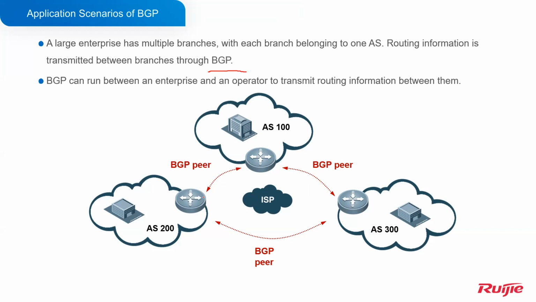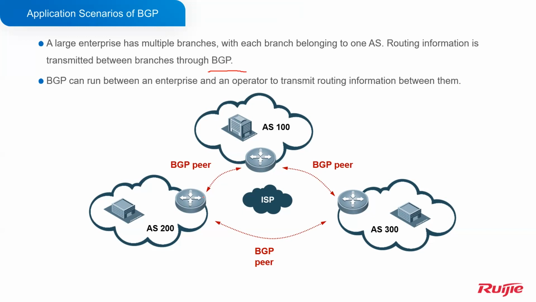And about this topic, we only explain some basic concepts of the BGP. What is AS, what's the difference between IGP and EGP, and what's the advantage of the BGP? And we also explain some features. And here is one example to show you how to apply the BGP.